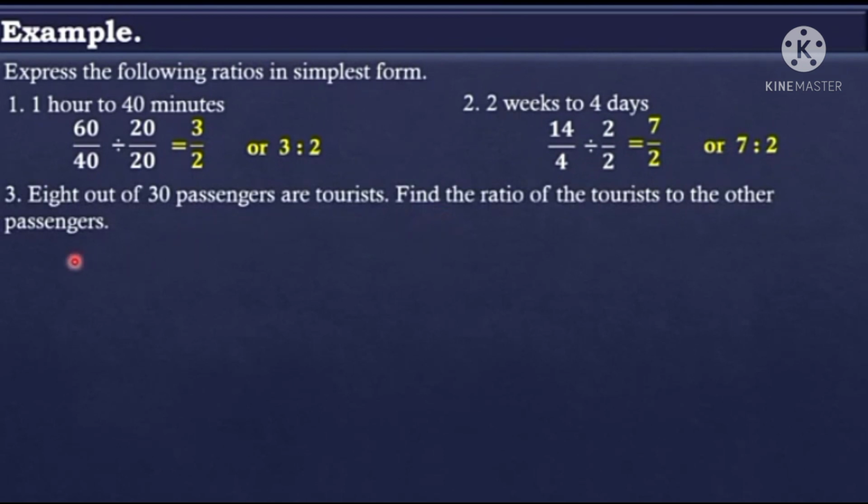Next, 8 out of 30 passengers are tourists. Find the ratio of the tourists to the other passengers. Out of 30, there are 8 tourists. How are we going to get the number of the other passengers? We will put 30 minus 8, the tourists, which is equal to 22.